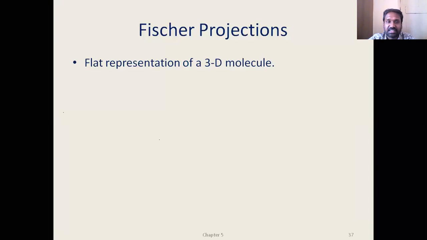Okay, first of all, Fischer projection is a flat representation of a 3D molecule. There are no wedges used in this projection. All are simple lines.